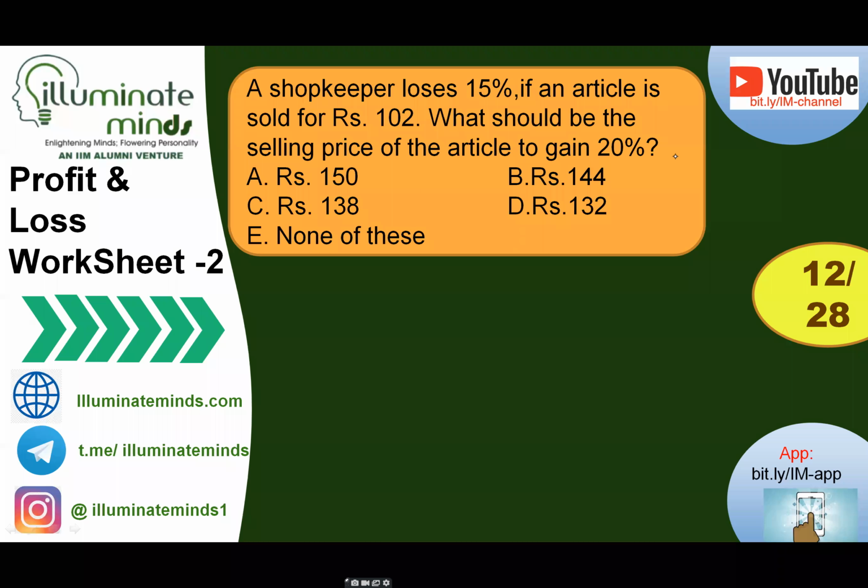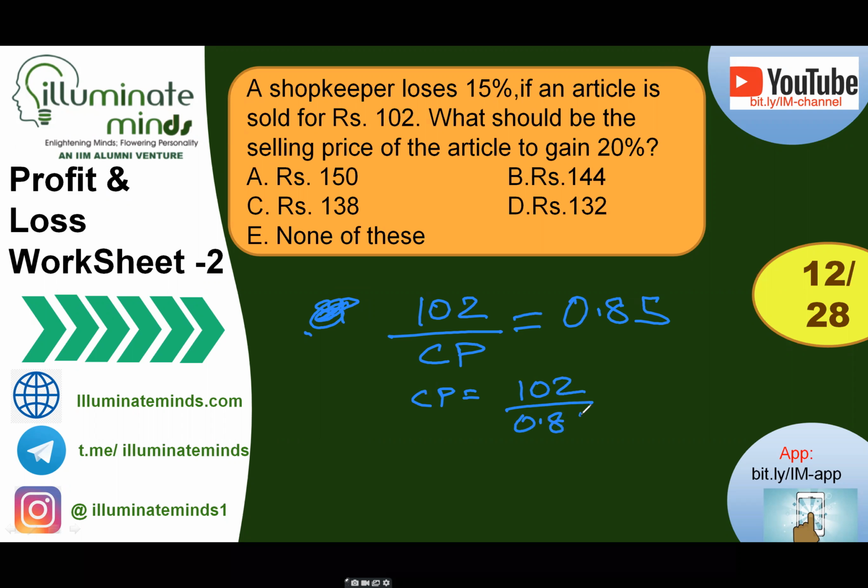Question number 12. A shopkeeper loses 15% if he sells an article for rupees 102. So that means SP is 102, and SP by cost price is equal to 0.85. What should be the selling price if he needs to gain 20% profit? So for that, reach the cost price. Cost price is 102 divided by 0.85.